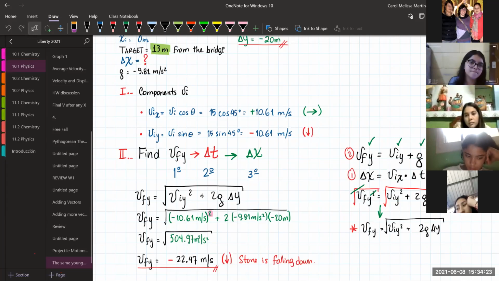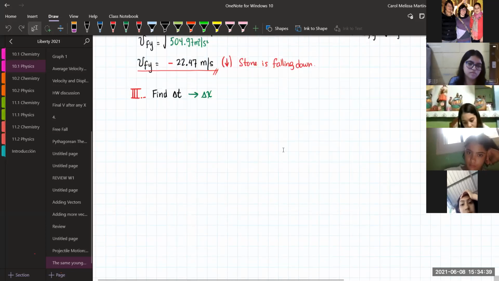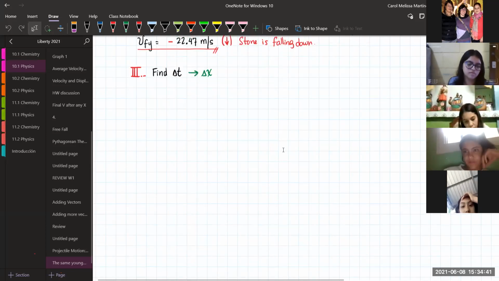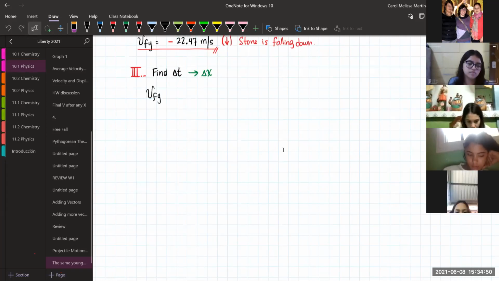You can use already the isolation that I'm gonna give you. Now we're gonna find the time, because then we need to get delta x. So we're gonna use the equation number 2, the one that says final velocity in y is equal to initial velocity in y plus gravity times time.